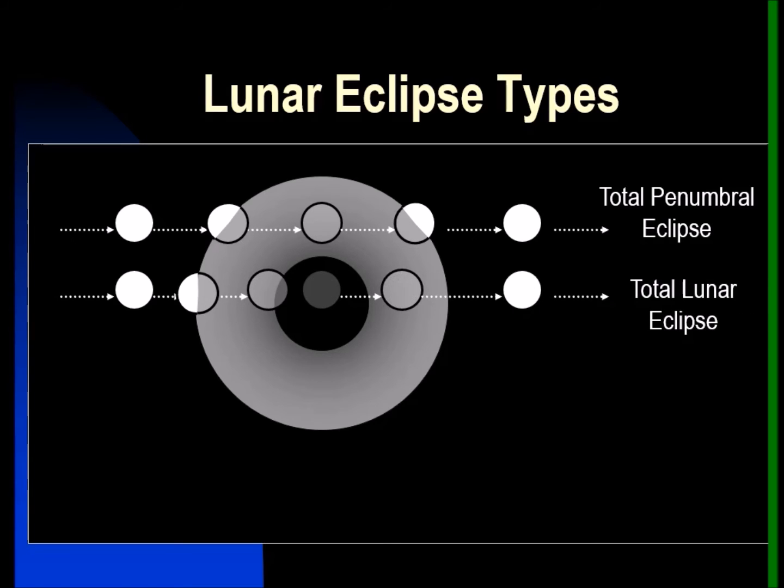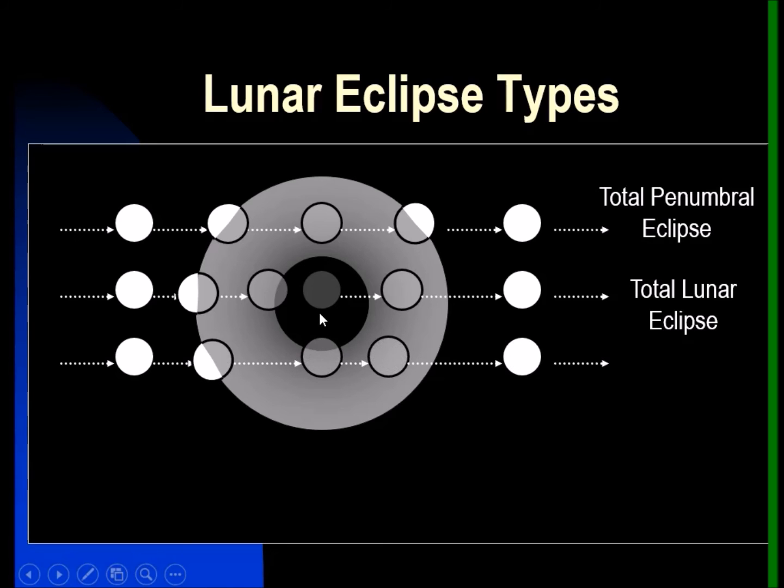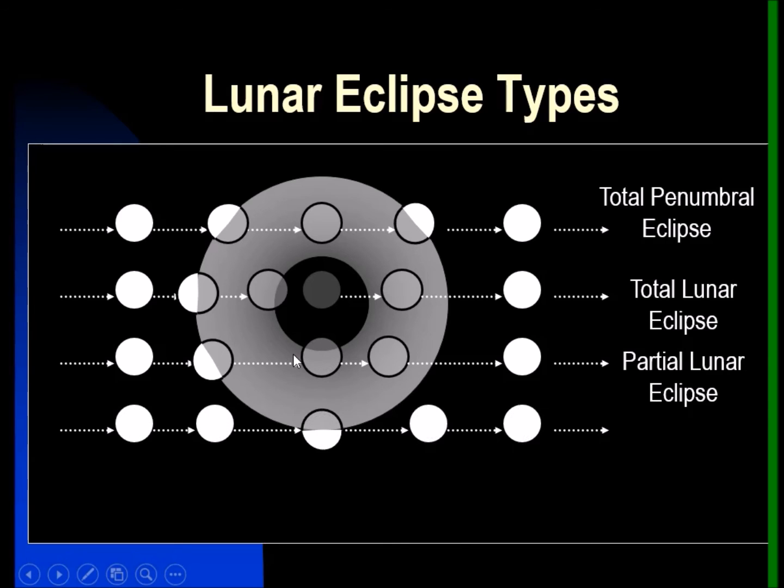Here's a total lunar eclipse because the moon is in the umbral shadow. Partial, meaning it's a little bit in the umbral shadow and a little bit out. And then finally, partial penumbral, which means that it's kind of half covered by the outer shadow.